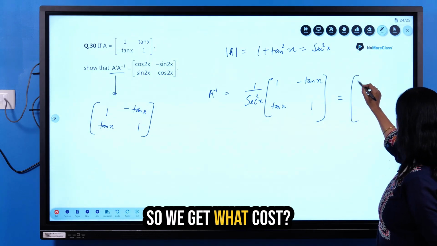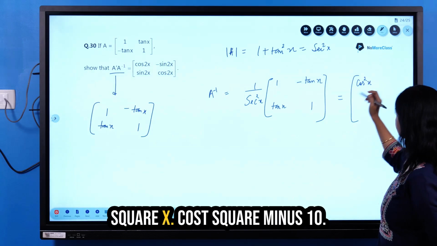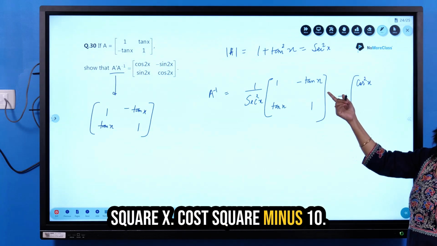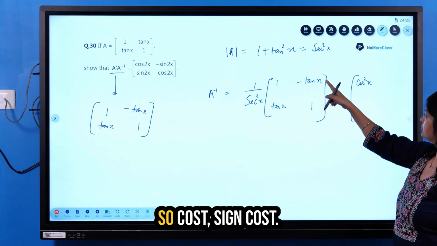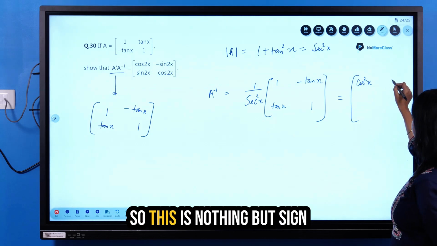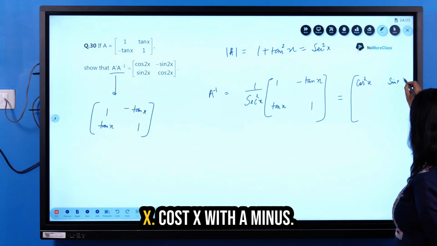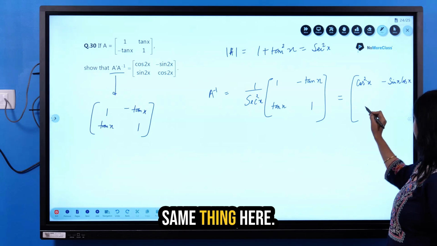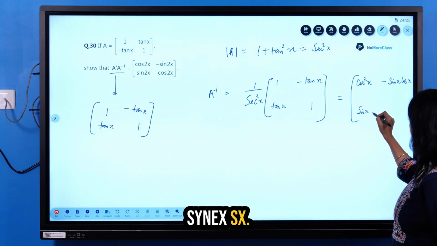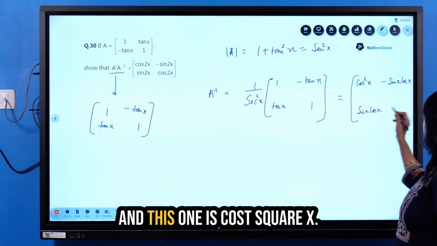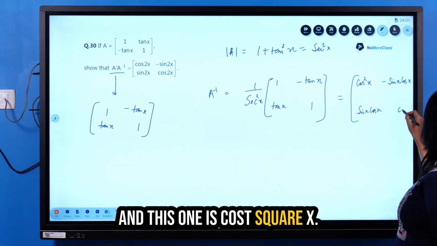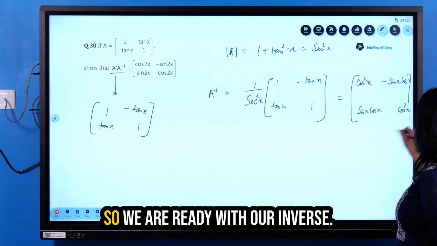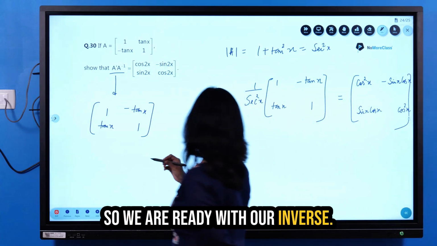So we get cos square x, cos square minus tan, so cos, sin, cos. So this is nothing but sin x cos x with a minus. Same thing here, sin x cos x, and this one is cos square. So we are ready with our inverse now.